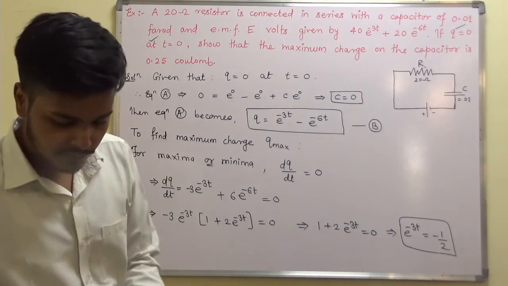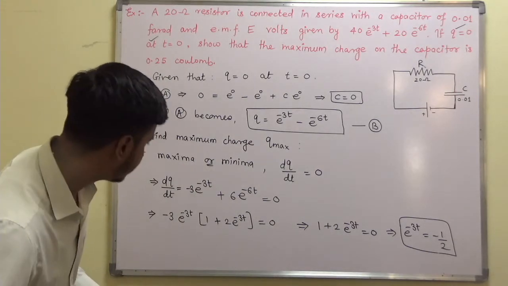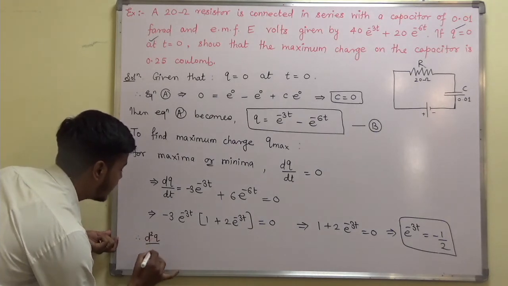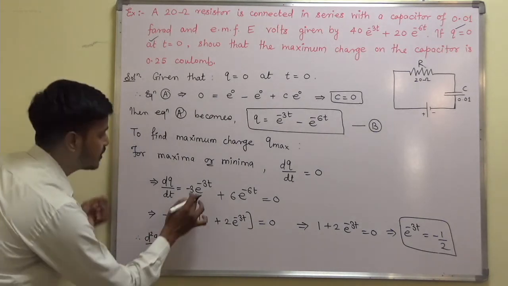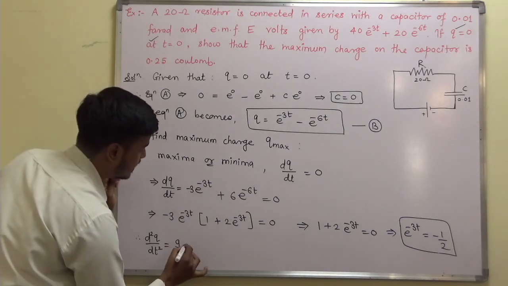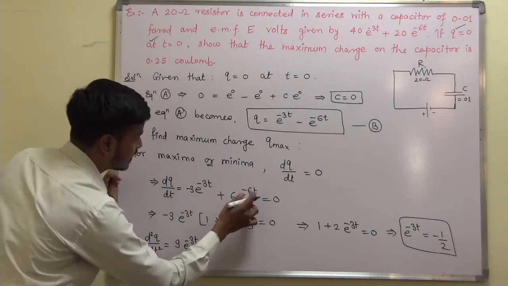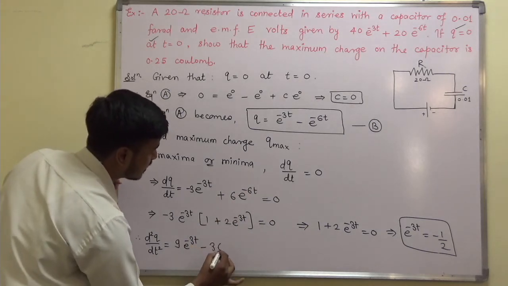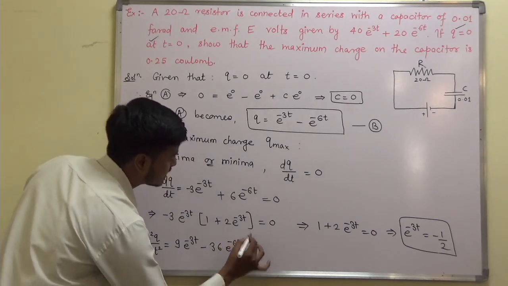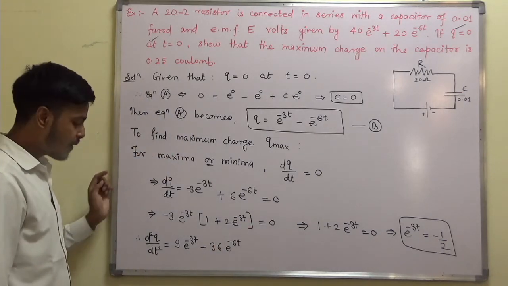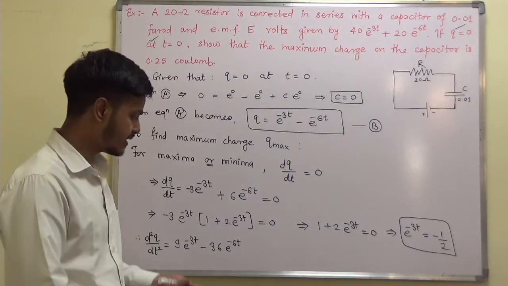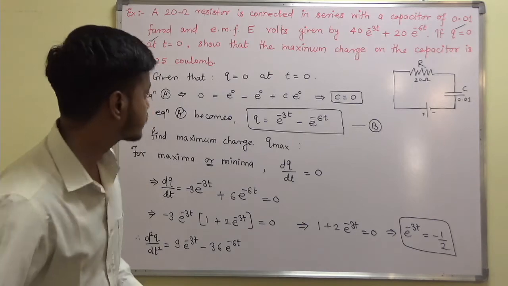So find dq by dt here. d2q by dt square is equal to minus 3 times, so this is 9 e to the power minus 3t, then this is minus 36 e to the power minus 6t. Right, now discuss this at the point e to the power minus 3t equal to half.